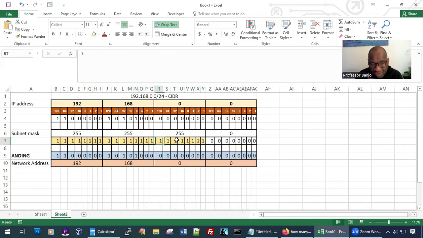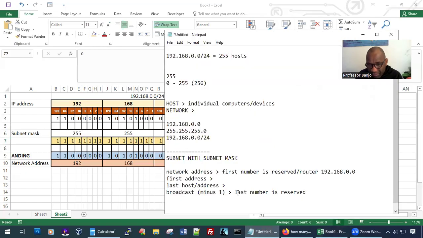And we know that each section here is exactly 256, but you got to minus the reserved numbers. So when we go here, same thing applies. 256, the first number is used up. The last number is also used up. So you have to do a -1, which is what I put here.